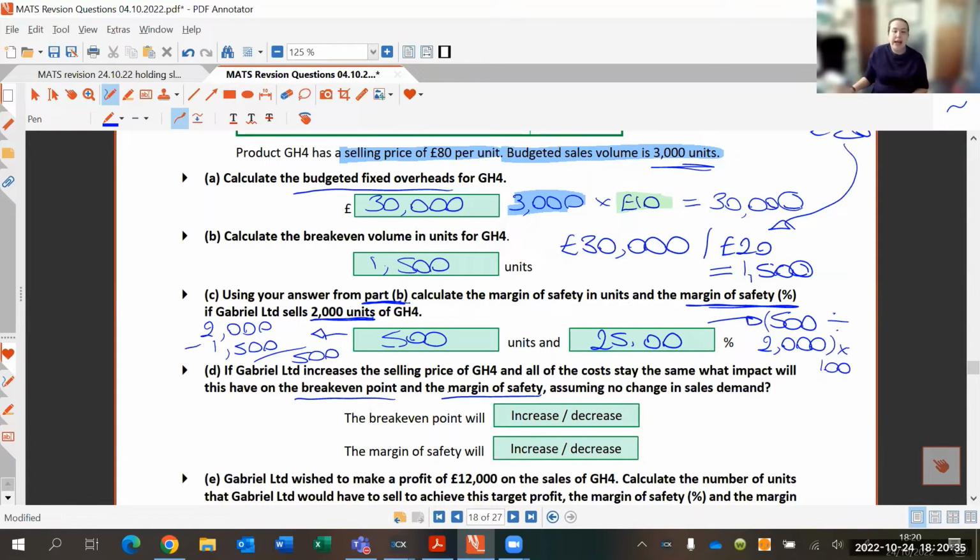So they are still planning to sell those 2,000 units that they had talked about in part C. But now the selling price is going up. So what happens if our selling price goes up? Do we have more or less money to play with, given that our costs are staying the same?